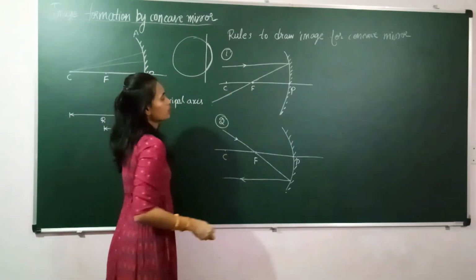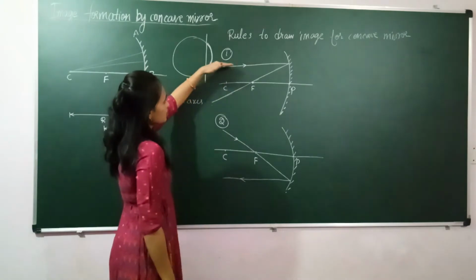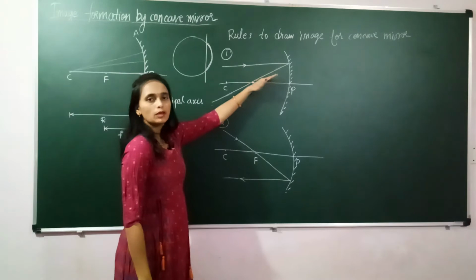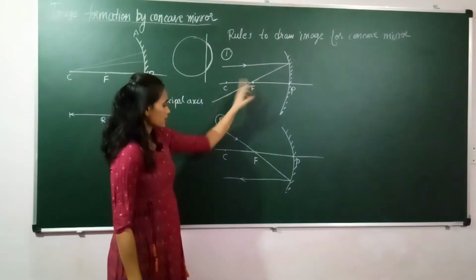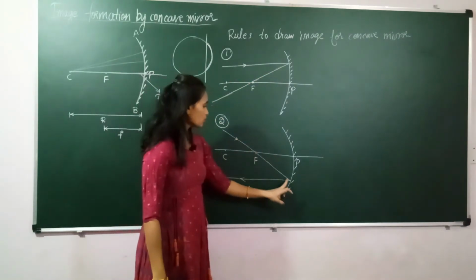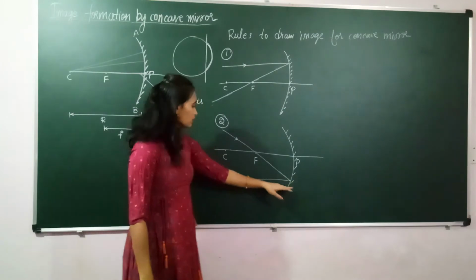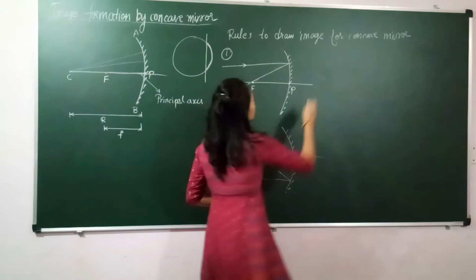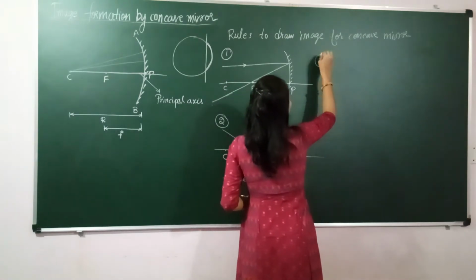It is the reverse of the first rule. The first rule says that whenever the incident ray is parallel to the principal axis, after reflection it will pass through the focus point. Here, if the incident ray is passing through the focus, after reflection it becomes parallel to the principal axis. So this is the second rule. Next we will go for the third rule.